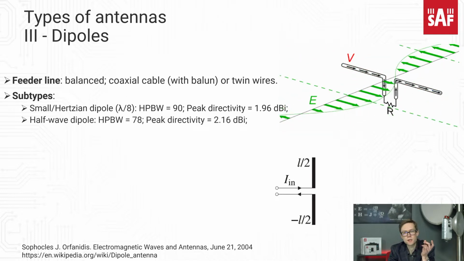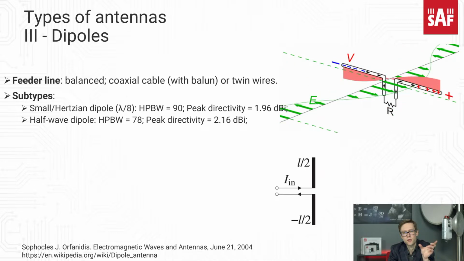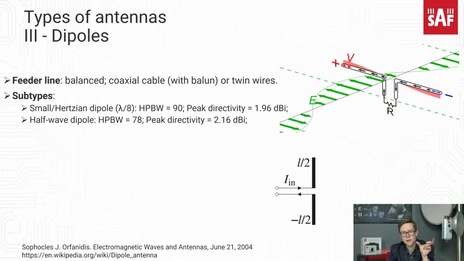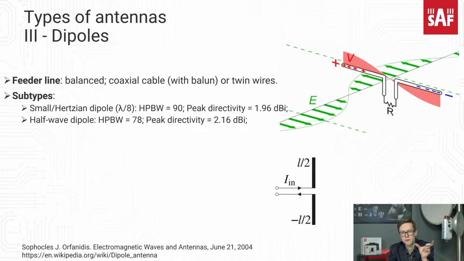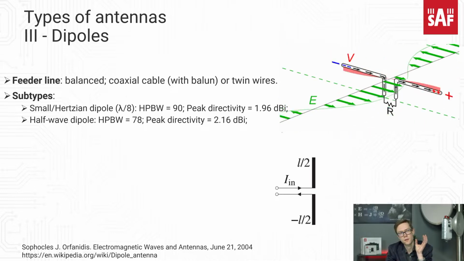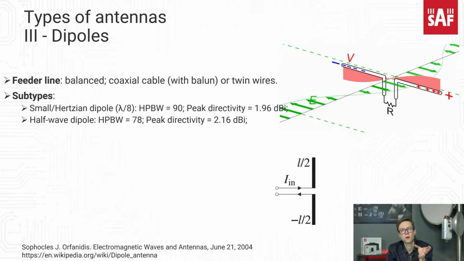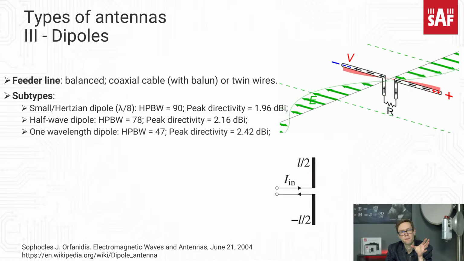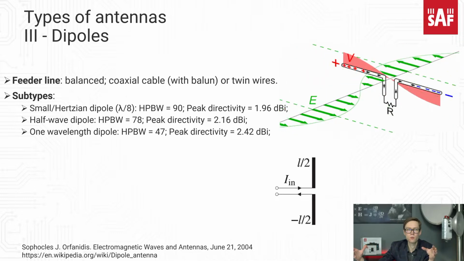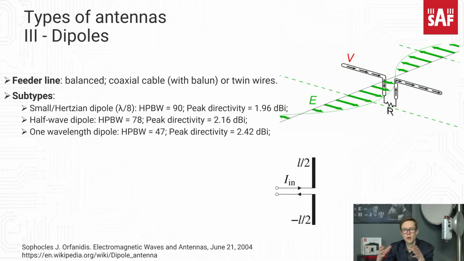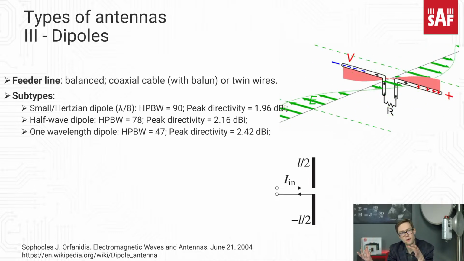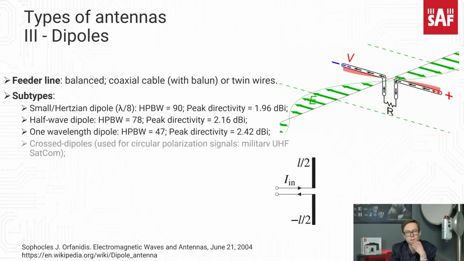If we increase the dimensions, and for example use a half wave dipole, which has a length of half a wavelength of the frequency to be transmitted, then the half power beamwidth becomes narrower. It is around 78 degrees now, and the directivity improves. And again, if we increase the dimensions even more to a 1 wavelength dipole, then we have a half power beamwidth of just 47 degrees, and the directivity is again higher, 2.4 dBi.